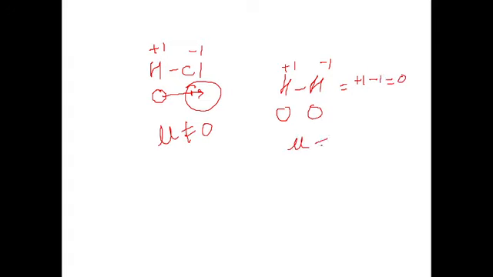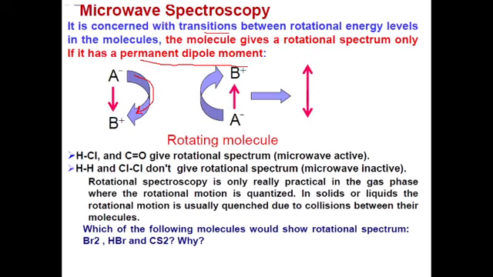That means their dipole moment is 0, and if the dipole moment is 0, then when you rotate that molecule, no change will happen. But if you consider the HCl molecule, on rotating it, its polarity changes, and due to this change in polarity they release some energy. That is called rotational energy.